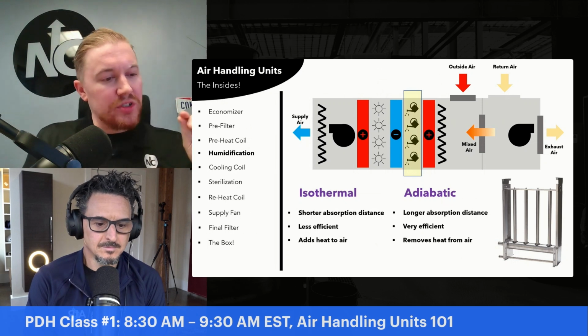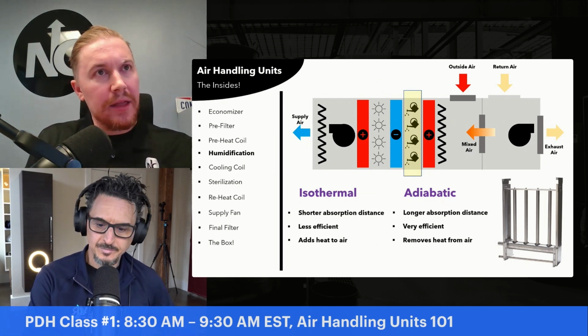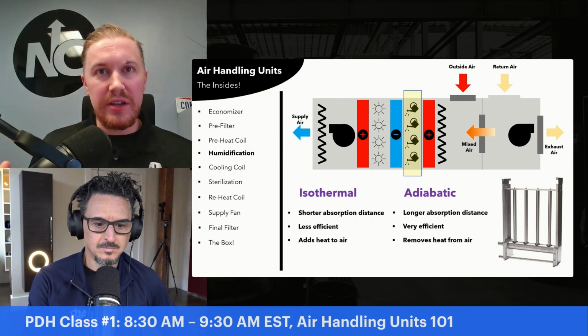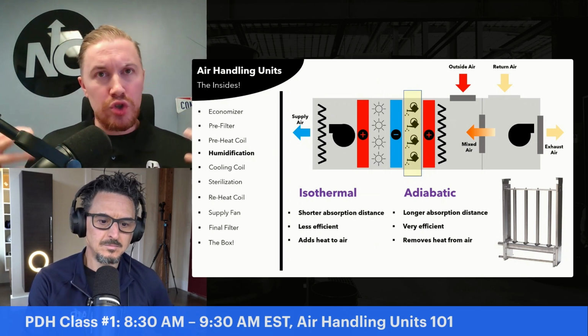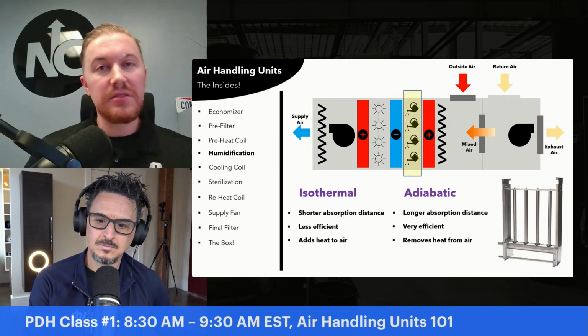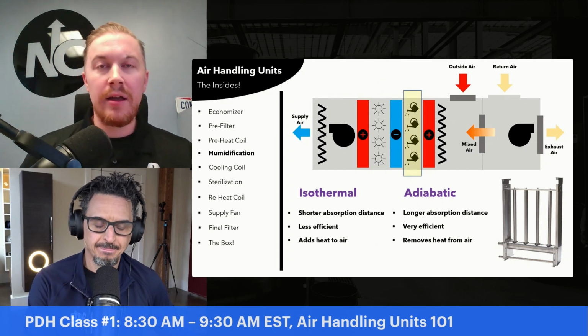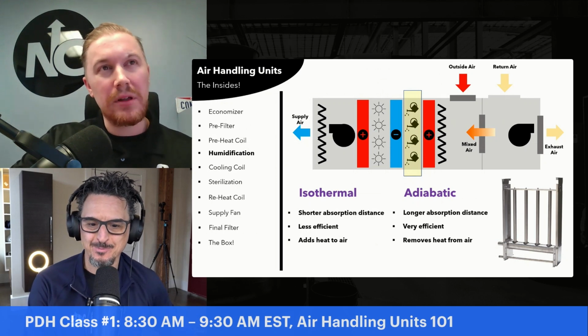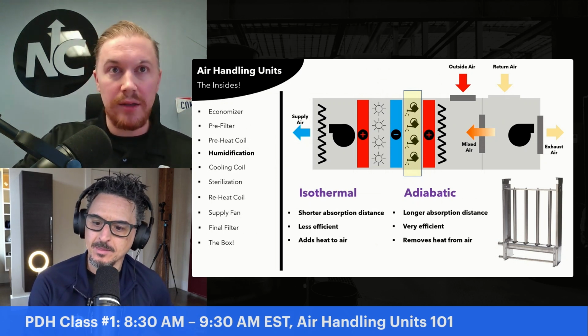Okay. We're taking liquid water, putting it through a nozzle, spraying it into the air, and using the heat energy from the air to turn it into gaseous water. It's a very efficient way of humidifying, very, very inexpensive operational cost, typically more expensive first costs.